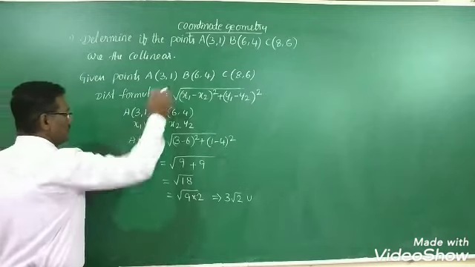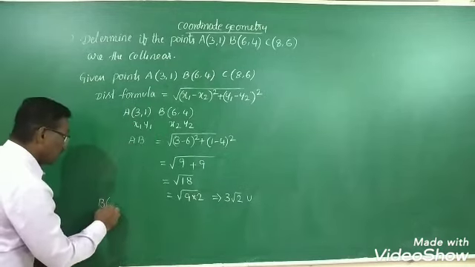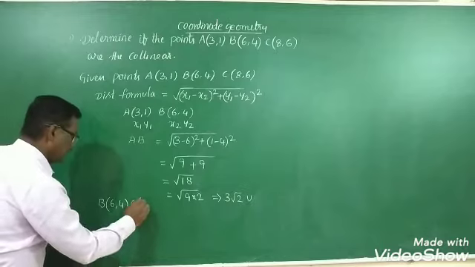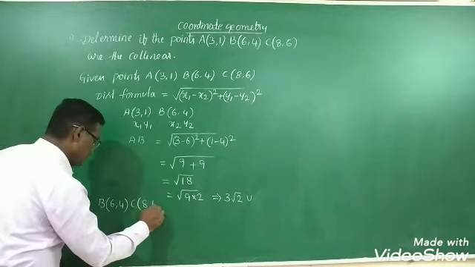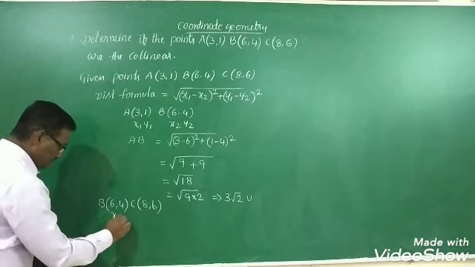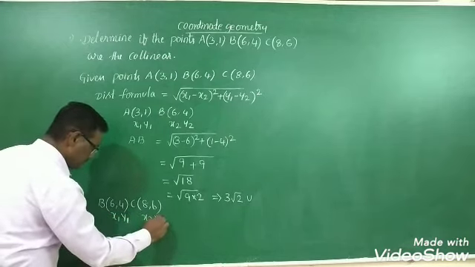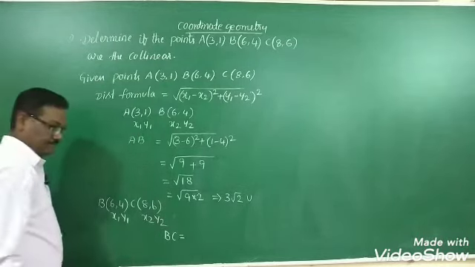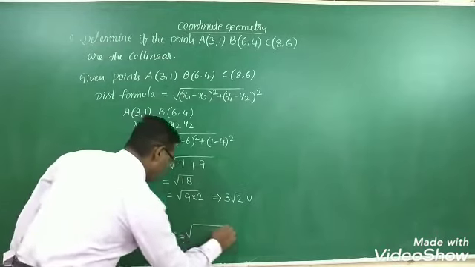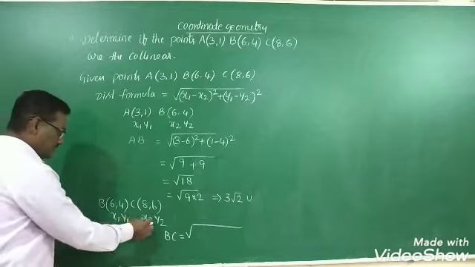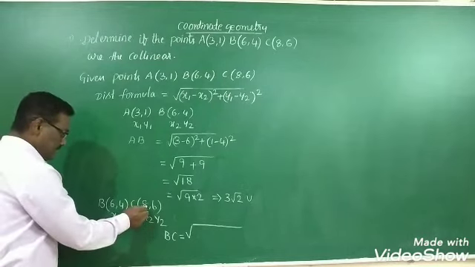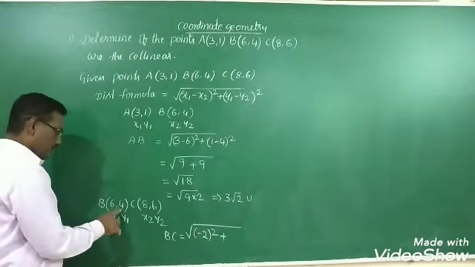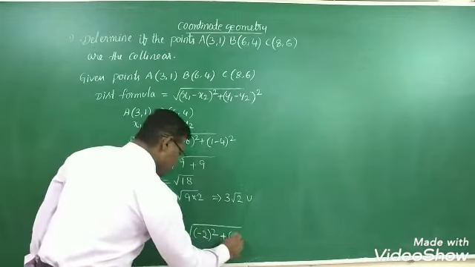Next, I want to find out BC. B is (6, 4), C is (8, 6). Once again we mention x1, y1, x2, y2. Now BC we have to find. BC is square root of (x1 minus x2), 6 minus 8, that is minus 2 whole square, plus (4 minus 6), minus 2 whole square.